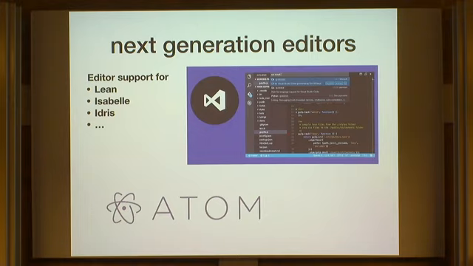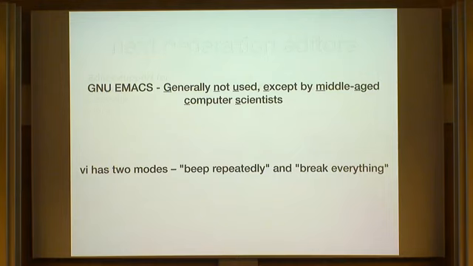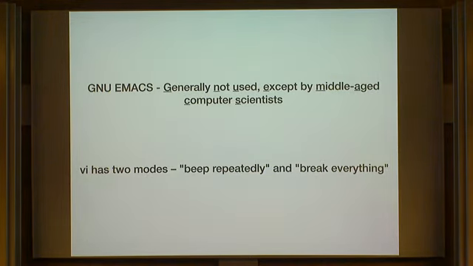It has all of the features that a modern editor would be expected to have. So you have code completion, command palettes, things like that. So we're starting to get there with these tools as well. We've got Lean and Isabelle and Idris starting to support Visual Studio Code and Atom. Again, I put this in just to annoy people, really.